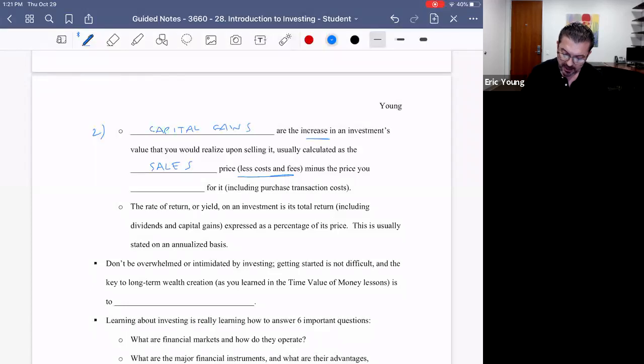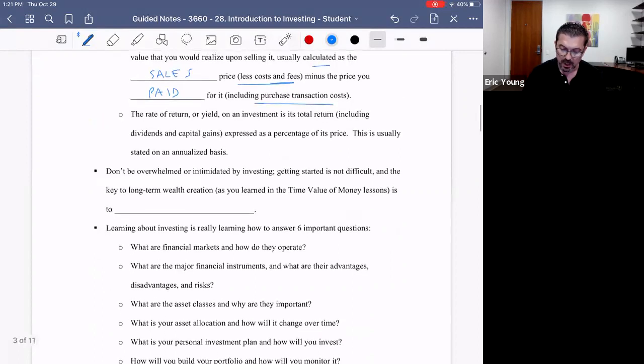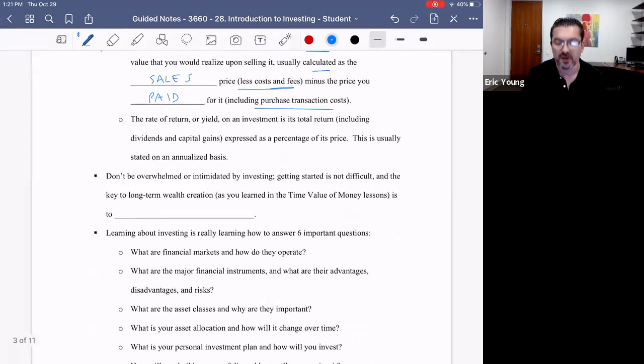But anyway, your capital gain is calculated as your sales price minus the price that you paid for it, again, reduced by purchase transaction costs. The rate of return of an investment, which is also known as a yield, is simply its total return, including your dividends and capital gains, expressed as a percentage of the price, and typically calculated on an annualized basis.